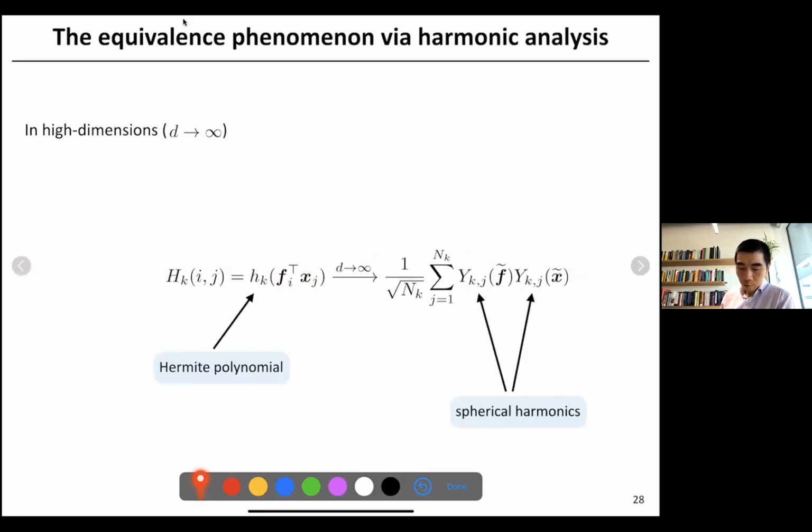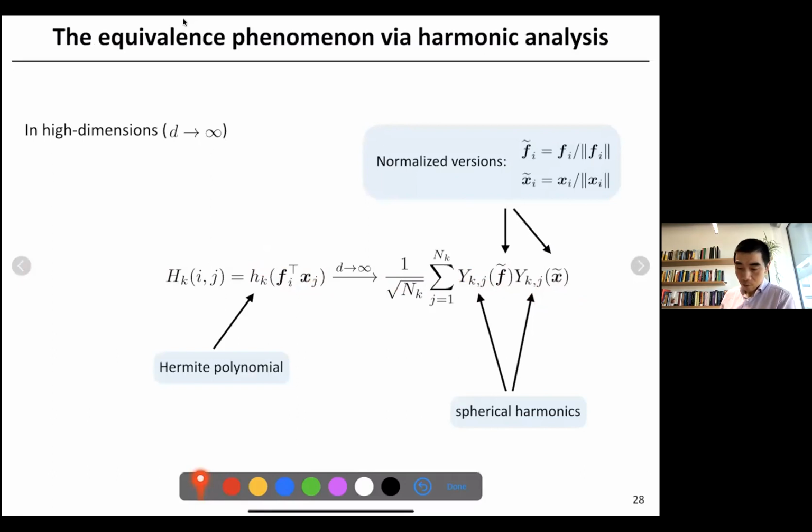Essentially, this nonlinear version of the inner product can be linearized as a linear inner product, but each element of this linear inner product is a spherical harmonic. Y_kj is just a particular spherical harmonic at the k-th order, the j-th such spherical harmonic. This is the first formula that we're going to use.